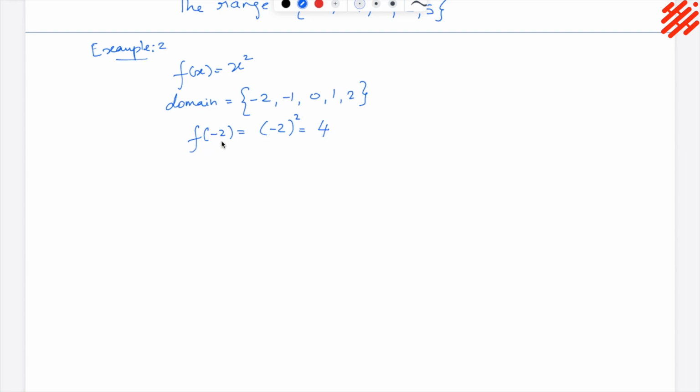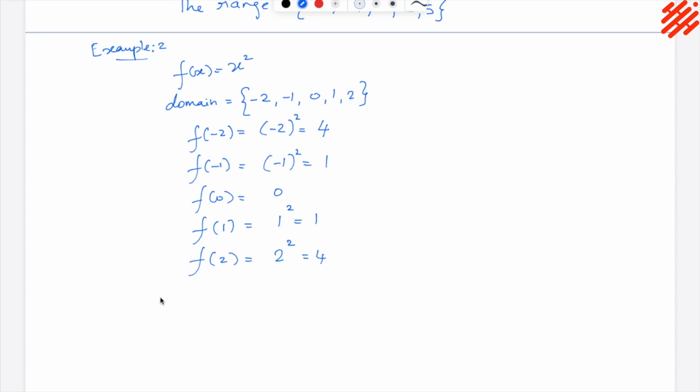So the first domain value produces the codomain 4. F of -1 equals (-1) squared equals 1. F of 0 equals 0. F of 1 equals 1 squared equals 1. F of 2 equals 2 squared equals 4.